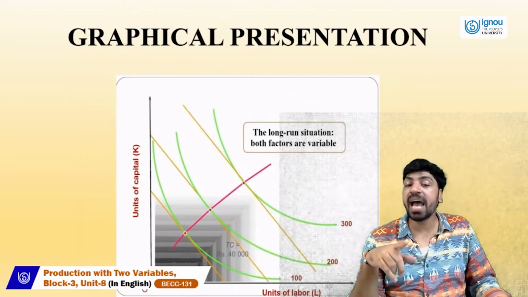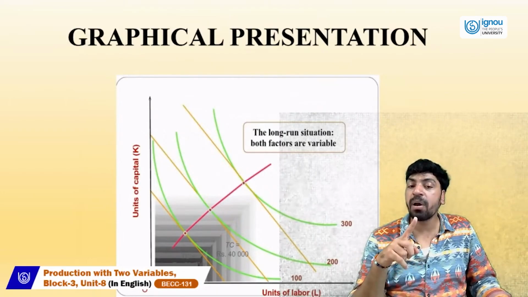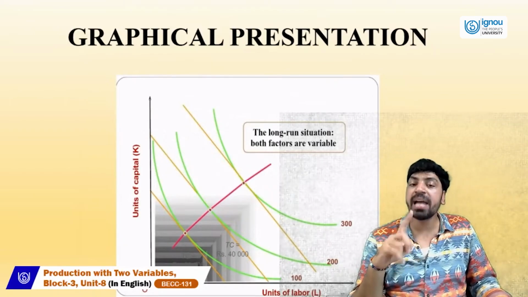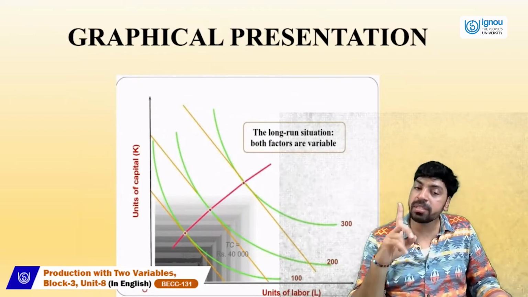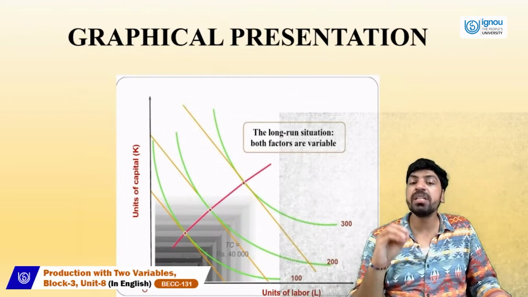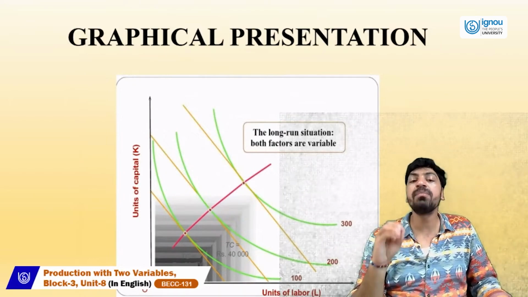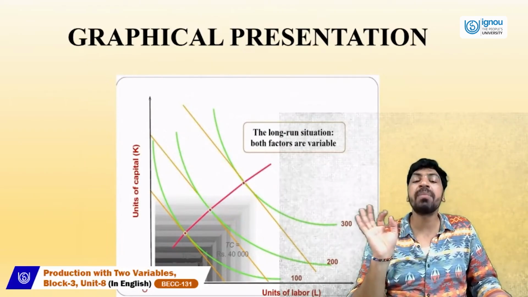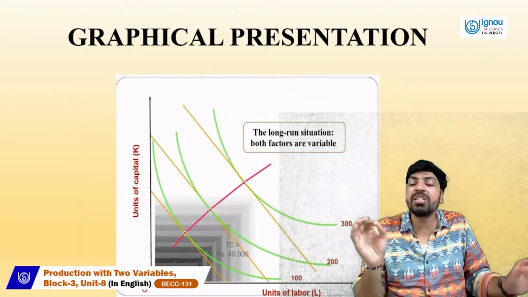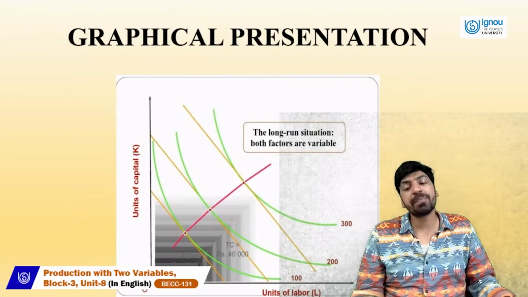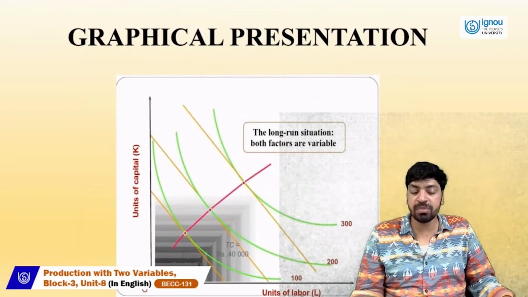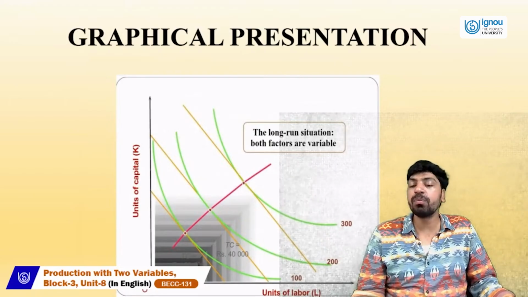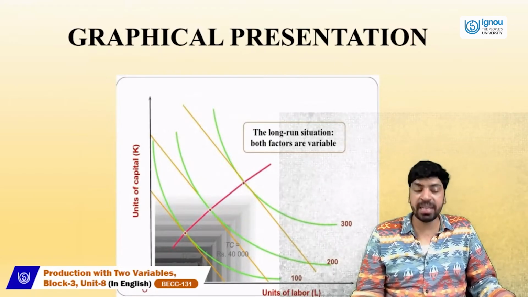If you look at the diagram, it's the locus of points of all the combinations of the isoquant curves and the isocost line, which refers to the lowest possible isocost curves or cost, and that particular path, that ridge line, is called the expansion path, by using the concept of the long run situation where both inputs are variable.